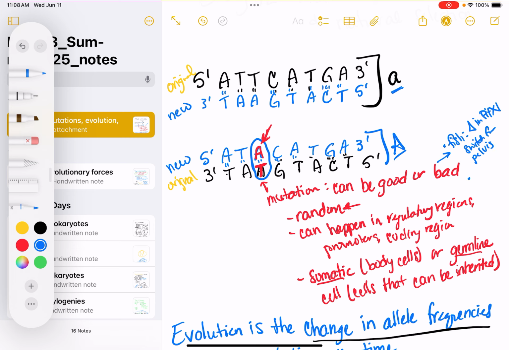We could also have that RNA polymerase mutation in bacteria. And then we also have had the example of the beans that we've done a few times by now. Okay, remember that mutations are random, that they can happen in the regulatory regions like the fish, in the promoters, or in the coding regions like in the RNA polymerase.